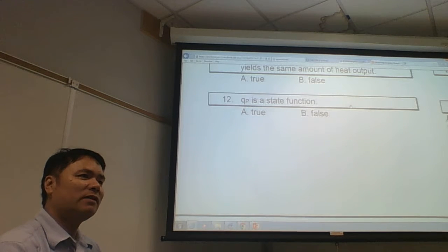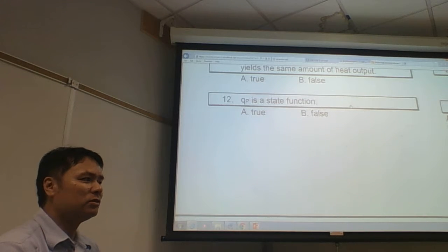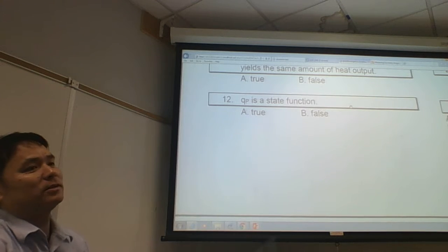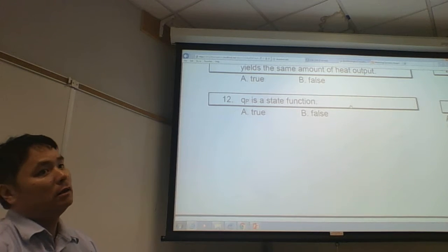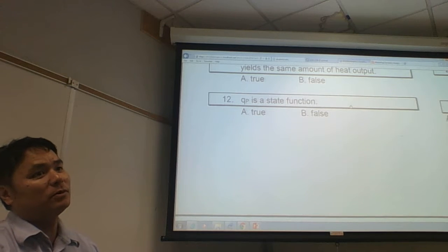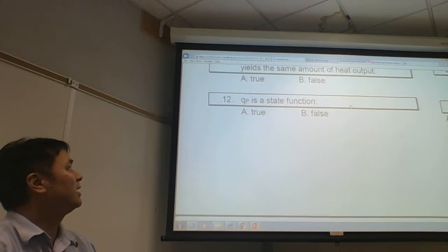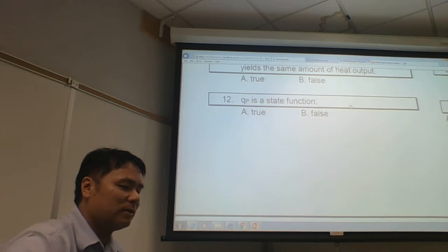In order for QP to be a state function like delta H, we have to restrict it to constant pressure, which it is, constant pressure. And no work. Not no work, only one type of work. What type of work is it? Constant volume work. QP, you can't have under constant volume conditions. It should be wrong.